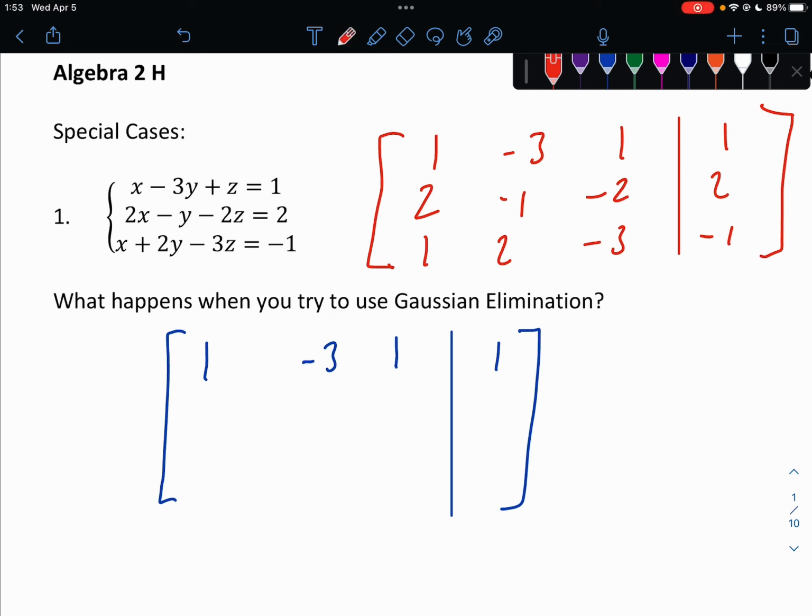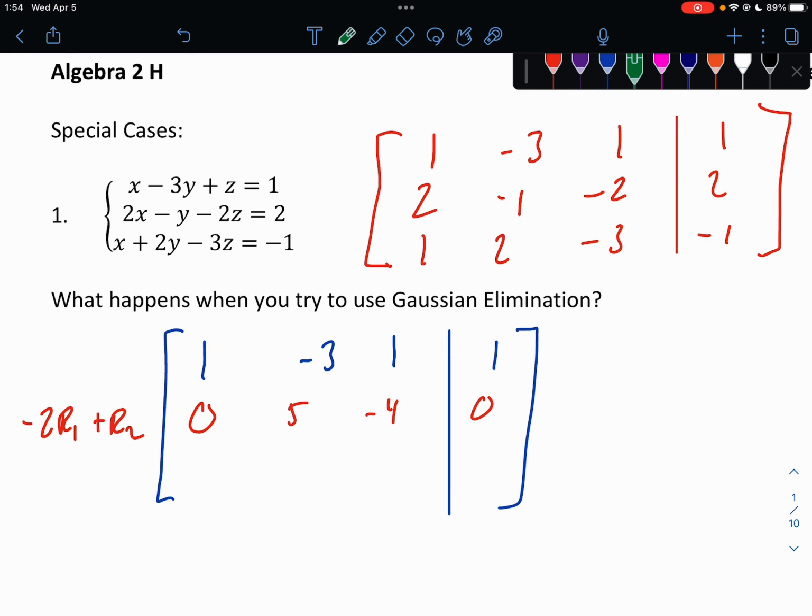All right, now for the second row, I'm going to do -2 row 1 plus row 2. -2 plus 2, 6 minus 1, and then -2 minus 2, and then -2 plus 2. Okay. And then for the third row, I'm just going to do row 1 minus row 3. So 1 minus 1, -3 minus 2, 1 plus 3, and then 1 plus 1.